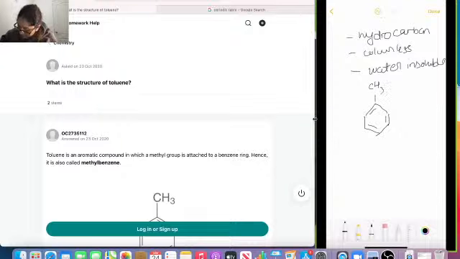This is also known as methylbenzene. This is your benzene, and this is your methyl.